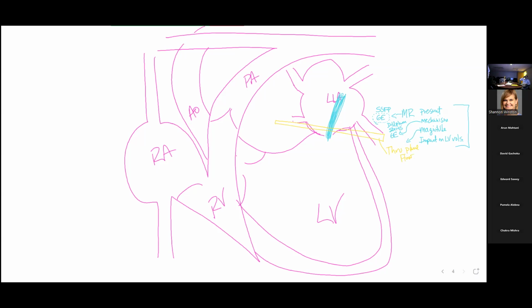Okay, so that's one way, but I don't rely on that as much because this mitral annulus moves a lot back and forth.